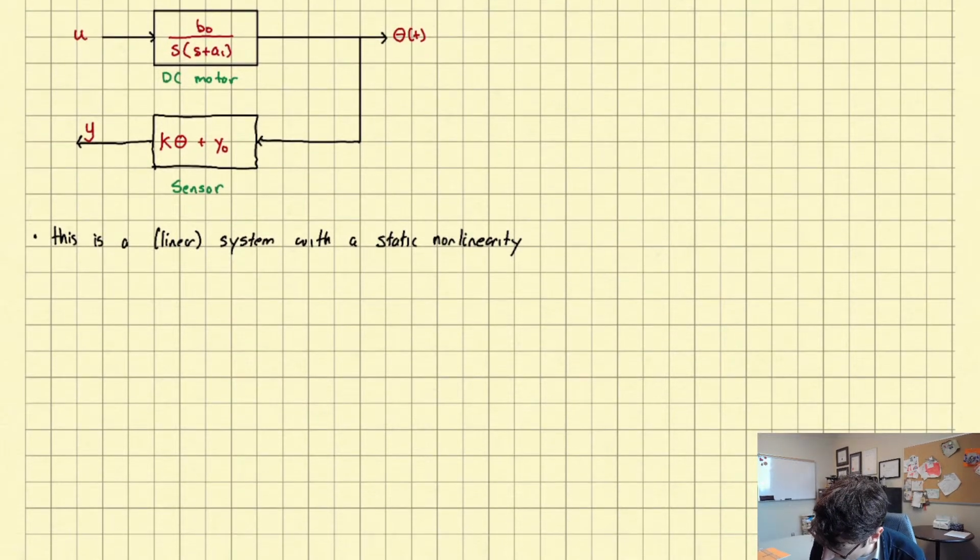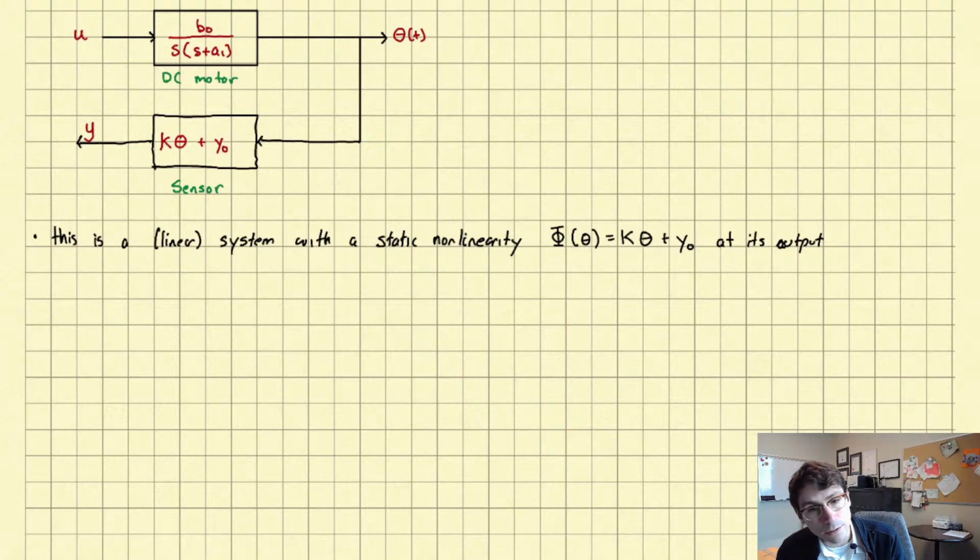So the static nonlinearity in this case is going to be the expression for that sensor at its output. Right, and if you remember last class, we had these two pictures. There was one where it was at the input and one where it was at the output. We're dealing with the output case here. Okay, so in this case, the function is invertible. Left invertibility is what we really need, but in this case, it's actually invertible.